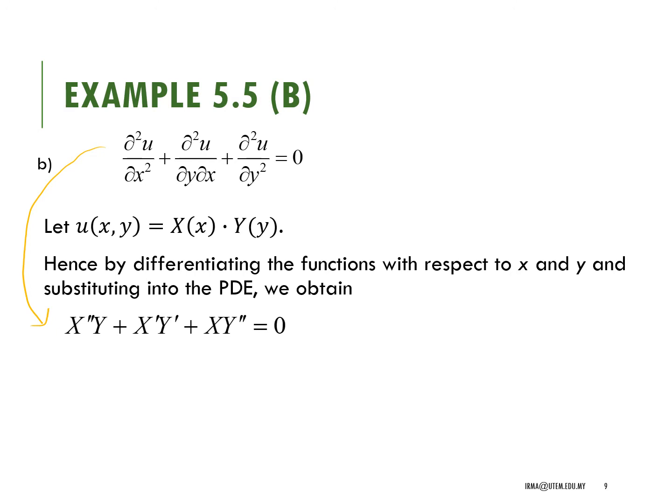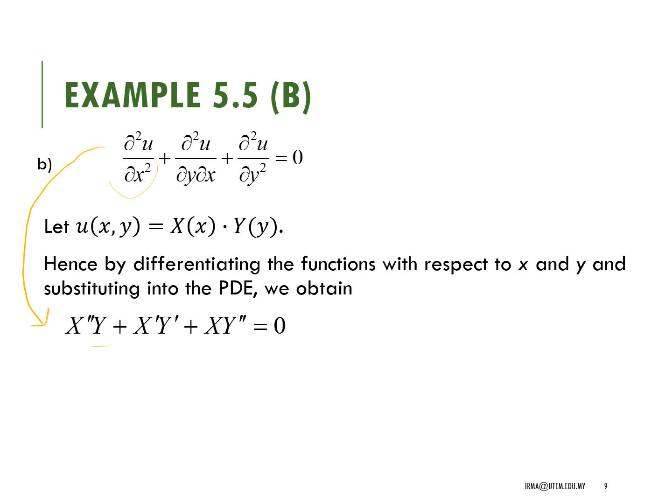The first term is uxx, differentiate u with respect to x twice, so I have x double prime y. The second term, del squared u del y del x, we can write as x prime y prime. The third term is the second derivative with respect to y, so you can write as xy double prime.